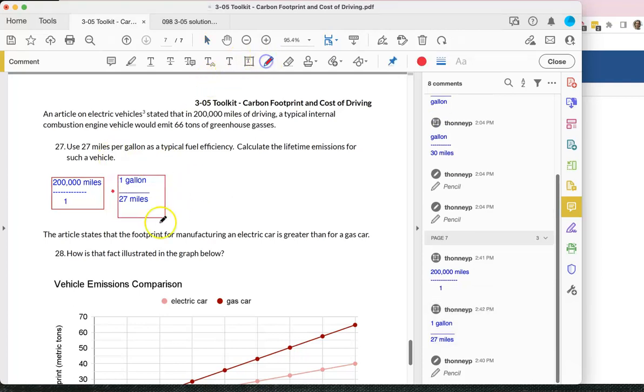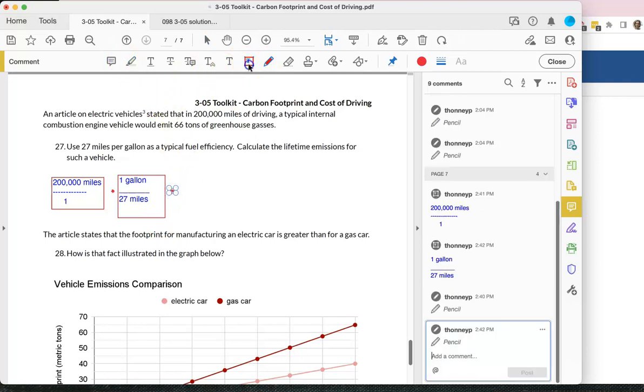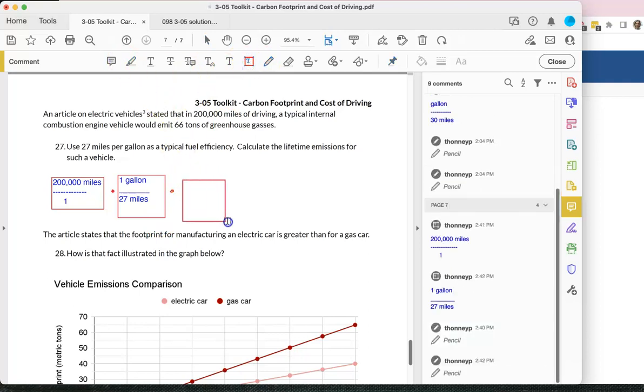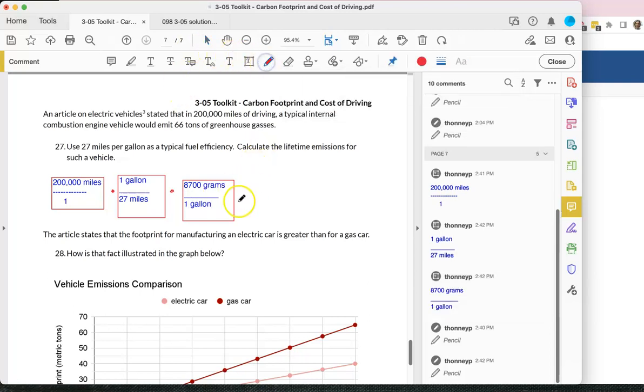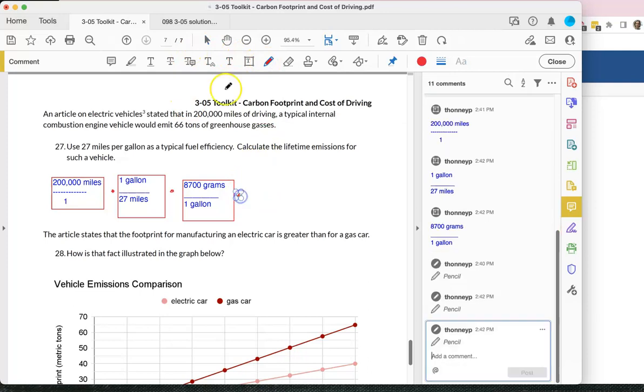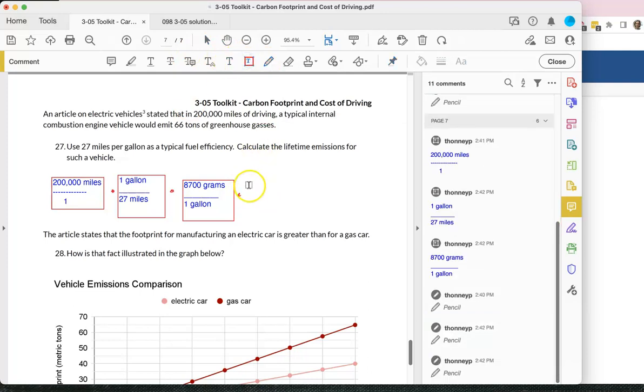I'm going to multiply by the fact that we used a bunch of times, which is 8,700 grams per 1 gallon. And then one more fact, I don't know if you can guess it, maybe.